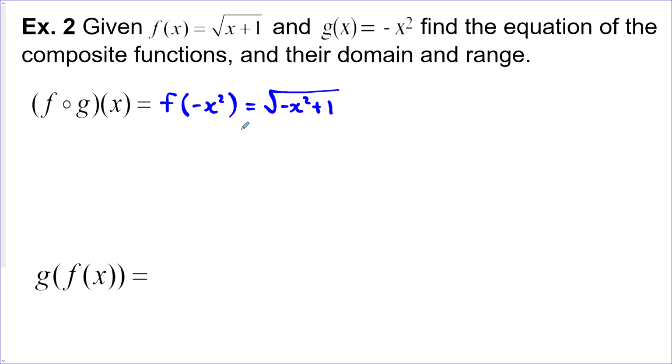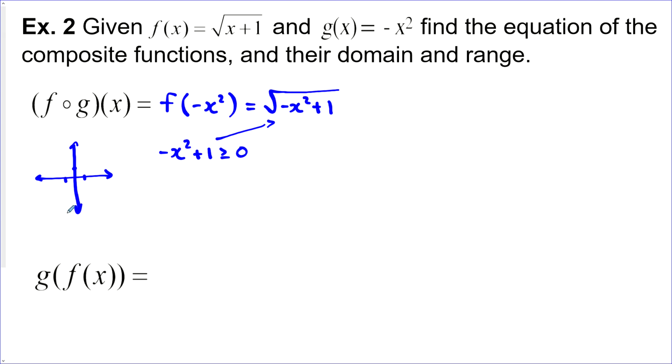Now, our domain is going to be dependent on this radicand. So the radicand needs to be greater than or equal to 0 to keep everything real. And this is a quadratic, and we can solve this graphically. We can easily picture what this thing looks like. It opens down and it's been translated up 1 unit, so its vertex is at 0, 1.